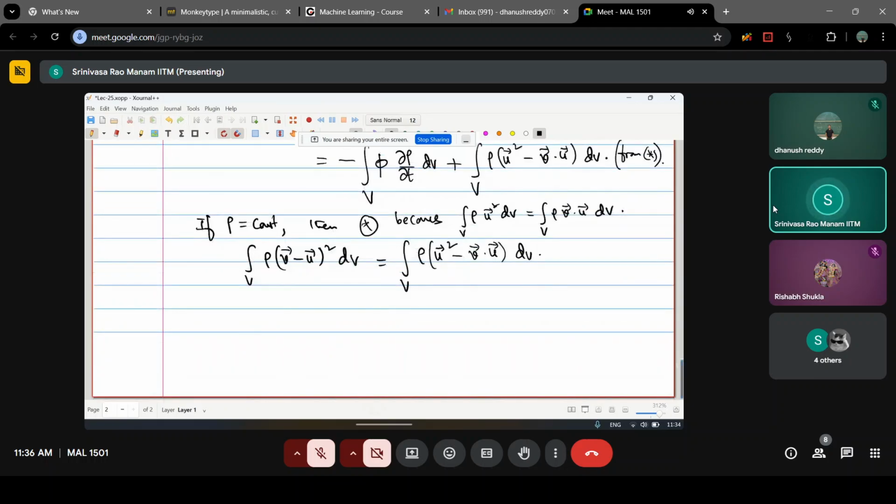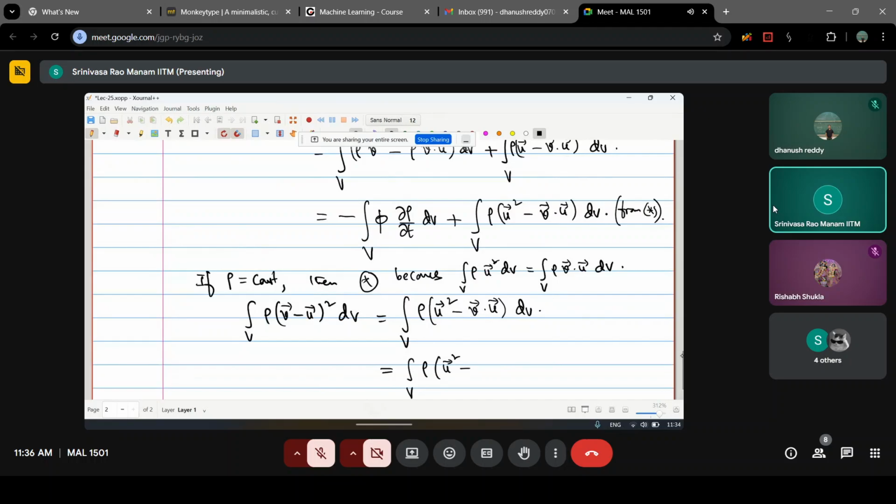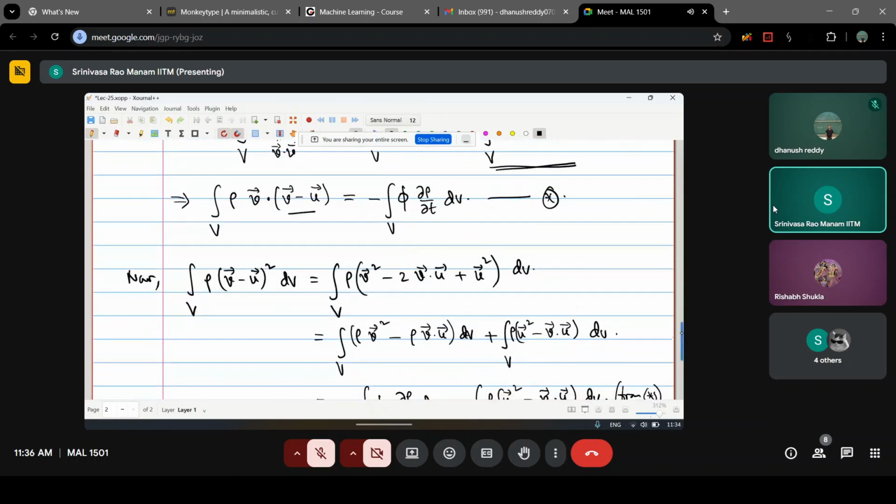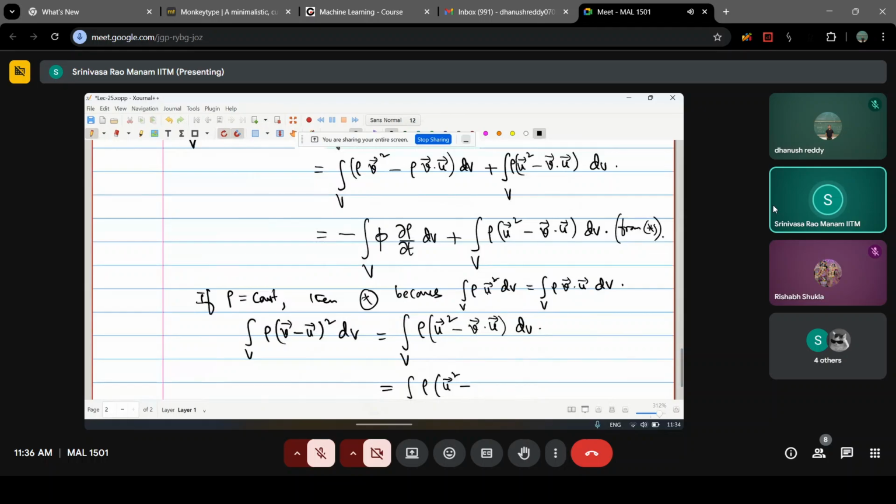So this we can replace. If I use this, this becomes integral over V of rho u bar square minus, now I can replace this u bar or v bar. That is v bar, right? Yes, sir, v bar. I think I need to replace this v.